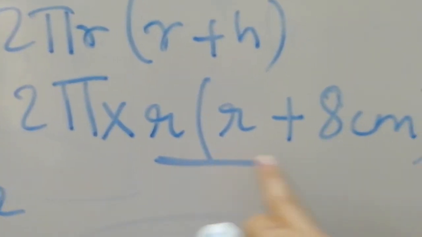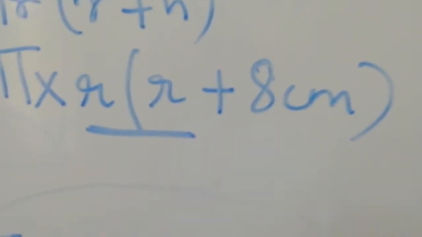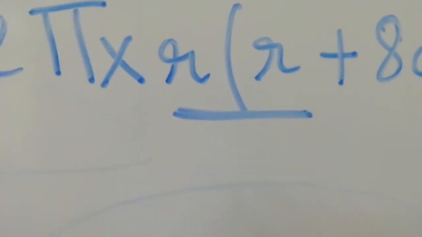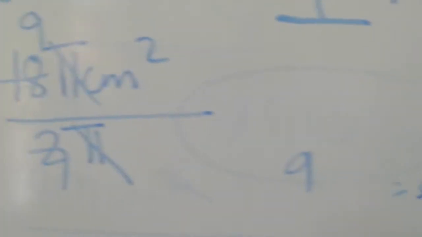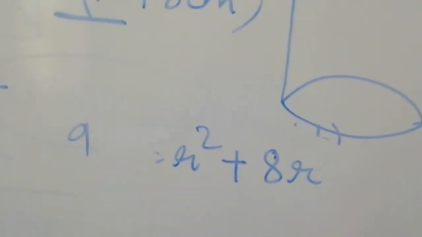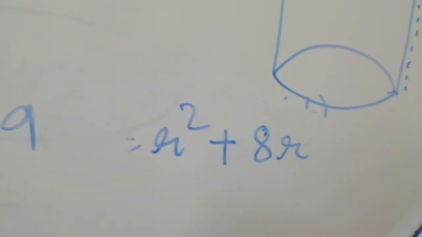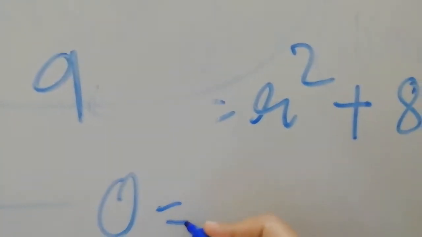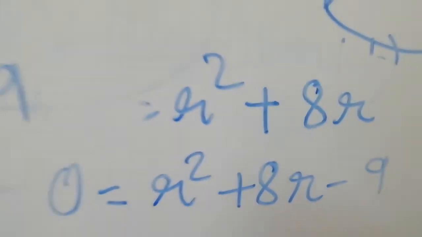I multiplied this r with the whole bracket, so r square plus 8r. Now to uncomplicate things, I will remove the units. So 9 is equal to r square plus 8r. I will take this 9 to the right side, so it will be 0 is equal to r square plus 8r minus 9.